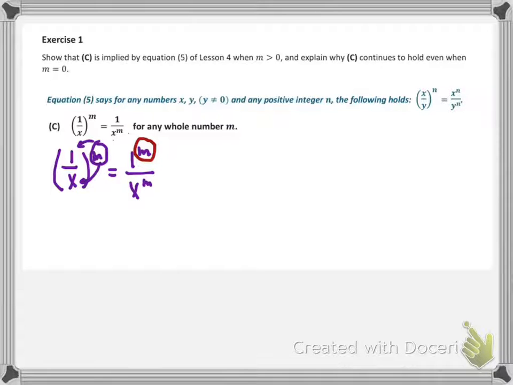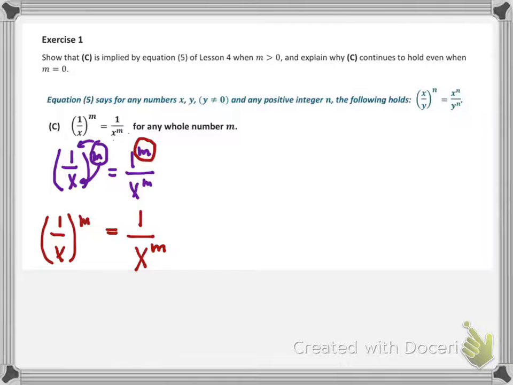So this is also equal to 1 over x to the m. There's our first move, and next we bring the original expression down, 1 over x all raised to the m power. So we know that these two are equal to each other.